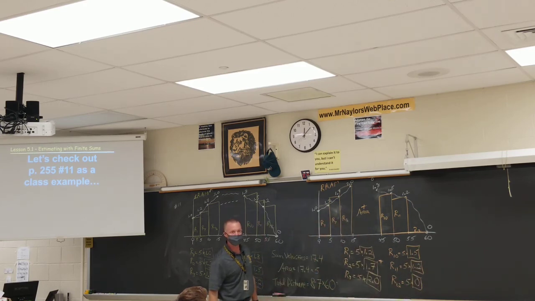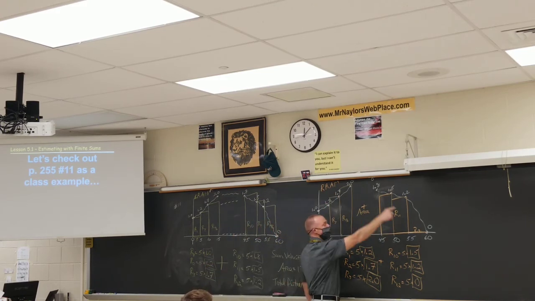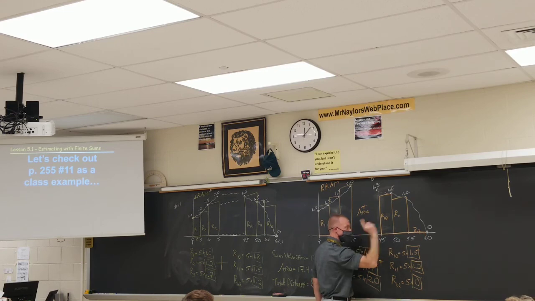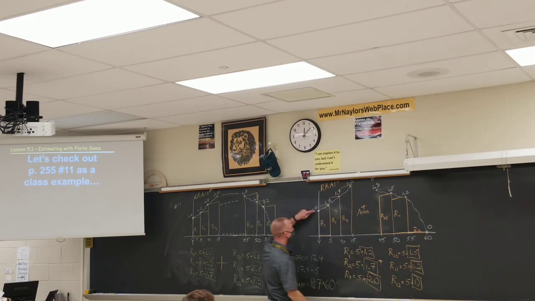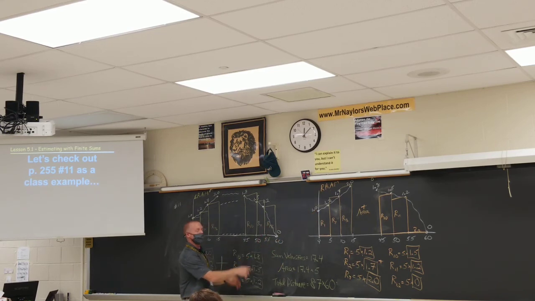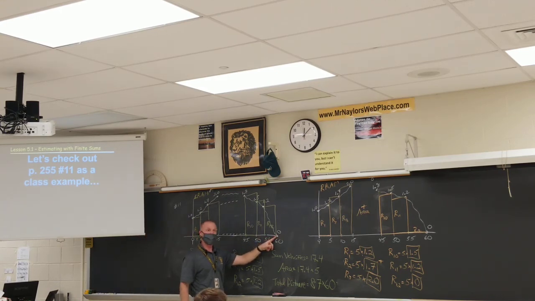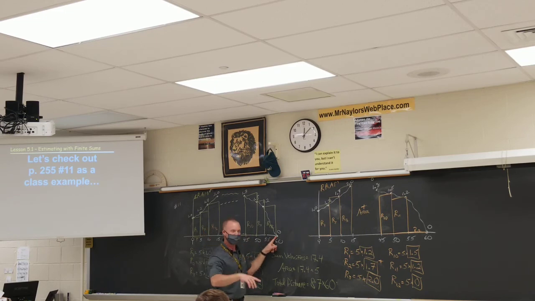Which y values am I using? If it's on the right, then I'm using the far right y value, but I leave out the one on the left. And it's the opposite over here. When it's on the left, I use that y value, but I leave out the one that's on the right. Every other number is the same.